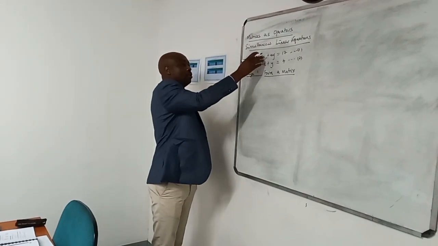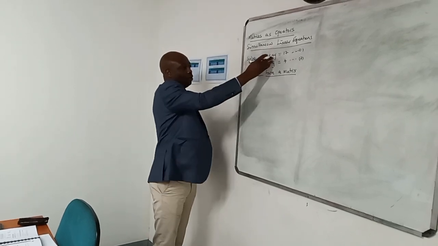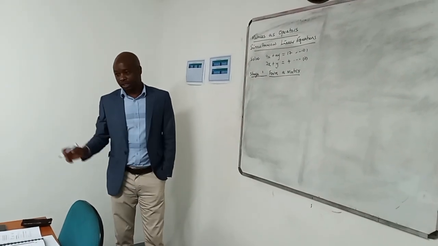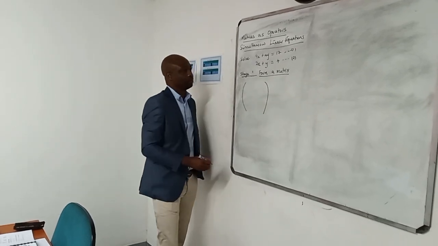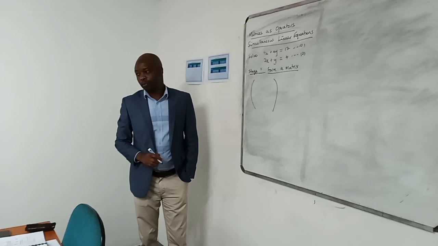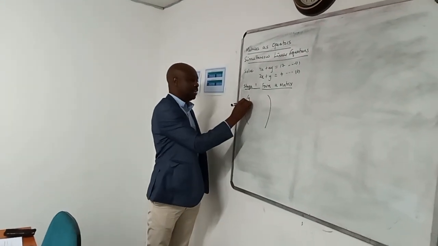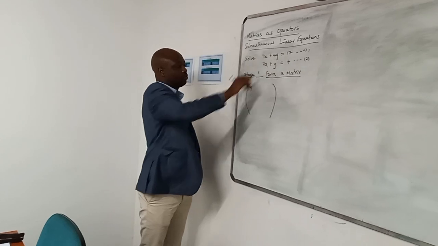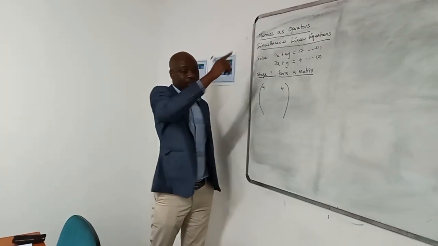We are going to look at the coefficient of x and the coefficient of y in both cases. Now, let's come up with our matrix. What is the coefficient of x from our first equation? 9, so we write 9 here. The coefficient of y? 4. Make sure you take it with the sign.